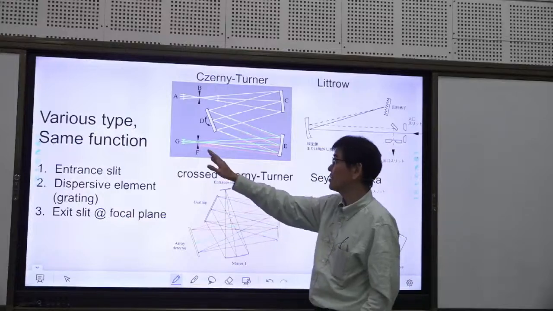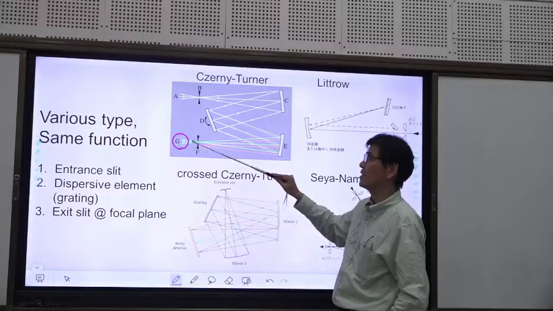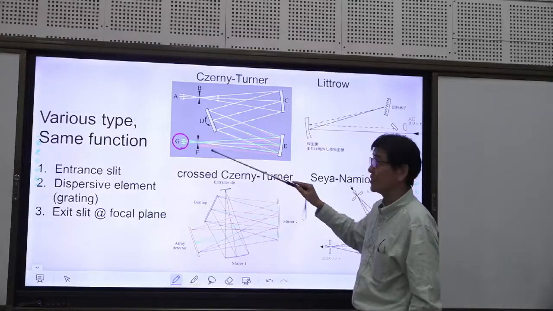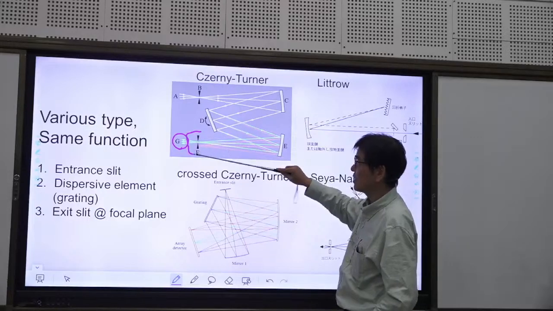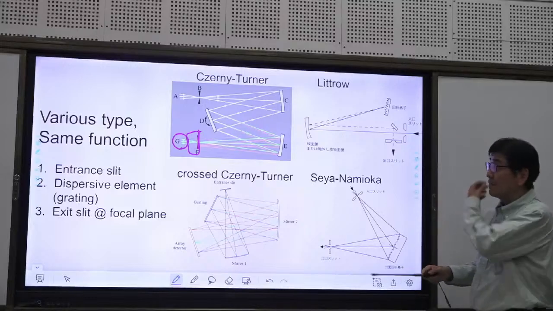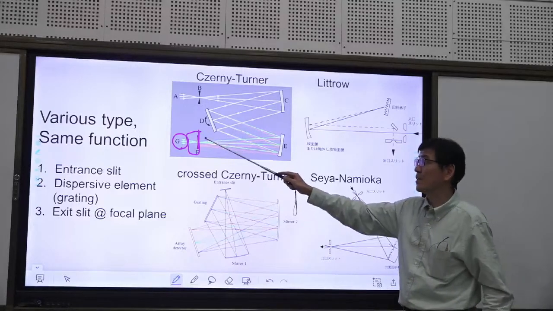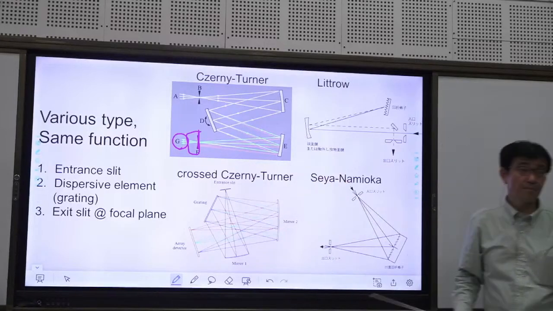If we put an exit slit, only a selected color can pass this slit. Instead, we may put a detector at this plane. Then we can detect which color has what intensity using this setup.